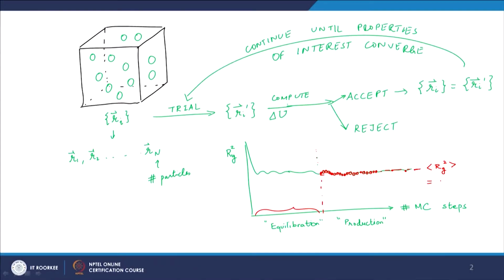So, these samples which are very close on this axis are highly correlated, and for the purpose of getting an unbiased average, we want to take the average over uncorrelated samples.